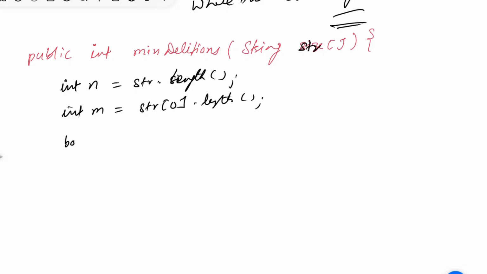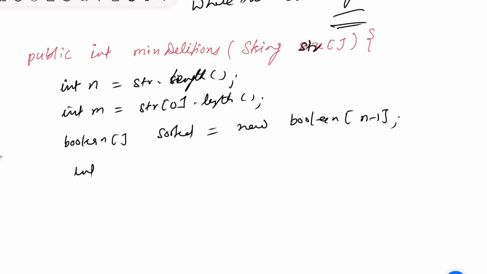Now we'll take a boolean array, and the name is sorted as we have understood, and we'll define new boolean with size n-1.